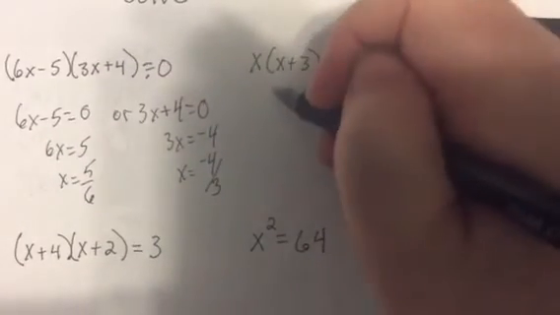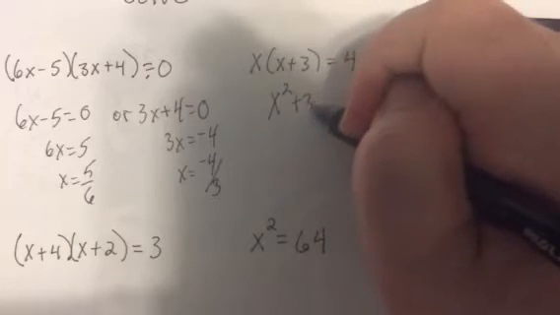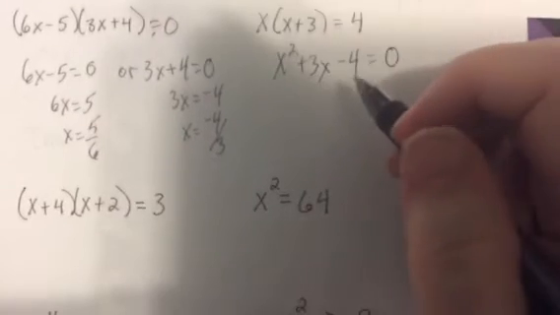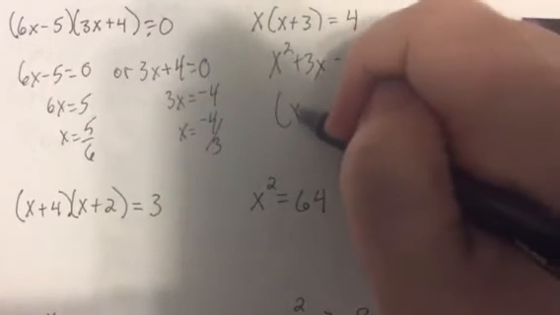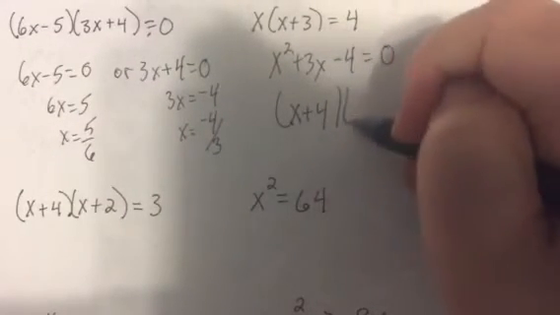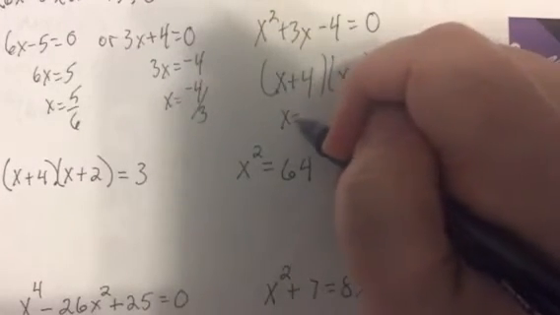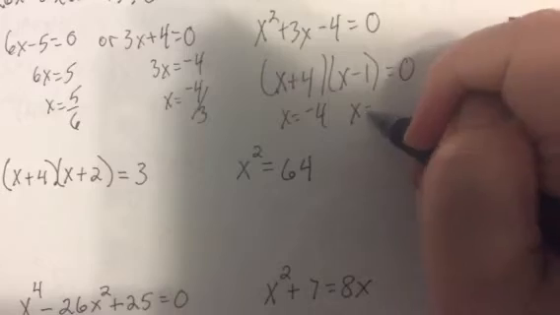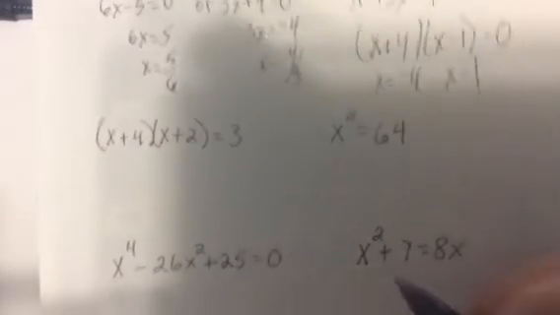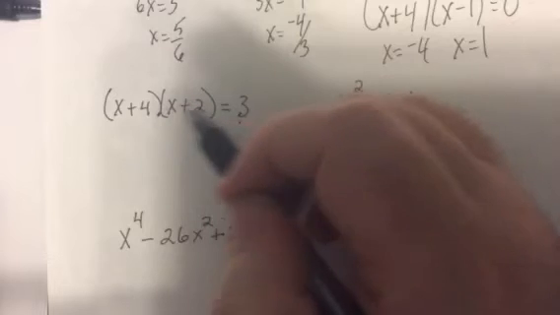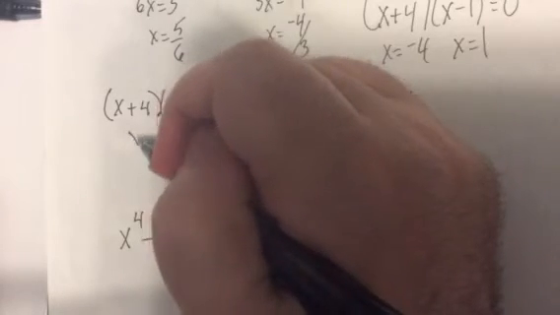This one, distribute: x squared plus 3x, subtract the 4 because it's got to be equal to 0. Then factor: x plus 4, x minus 1. So x equals negative 4 or x equals 1. We are cranking. This one, it's not equal to 0, so the product does me no good. So I got to foil it.